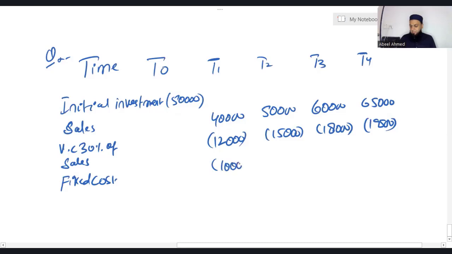Let's say in the first year it is 10,000. Again, it is 10,000. It is 15,000. And let's say it is 15,000.